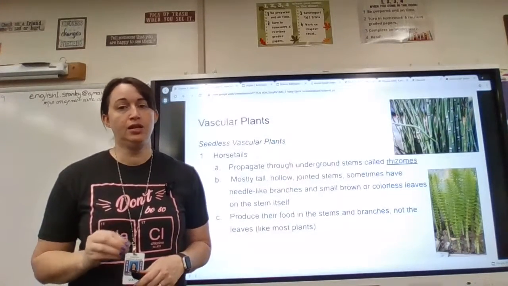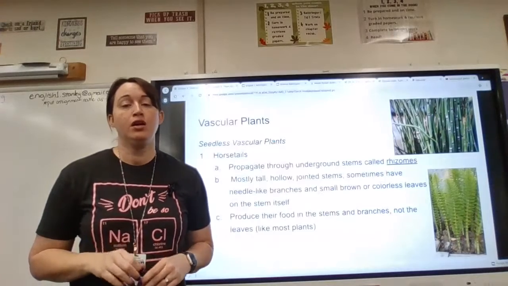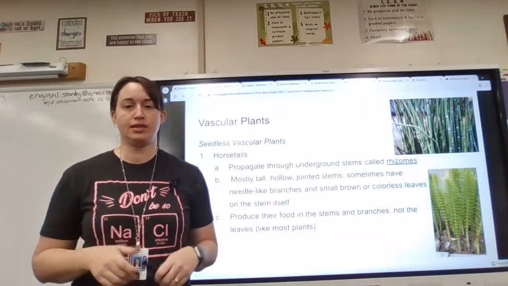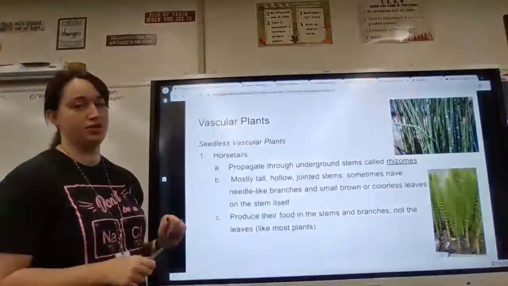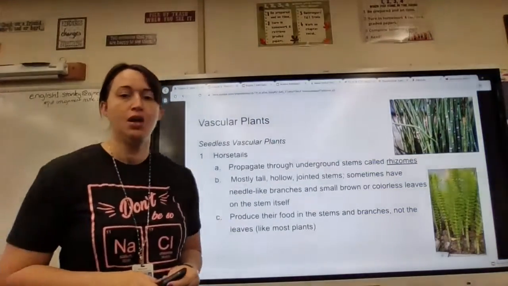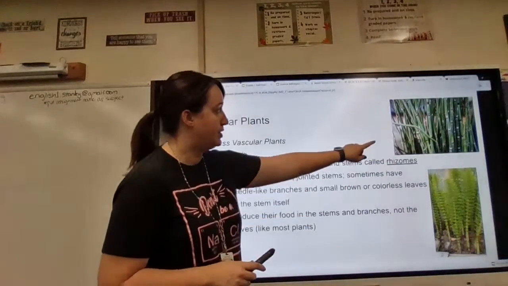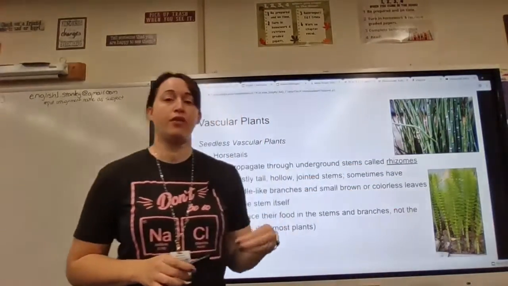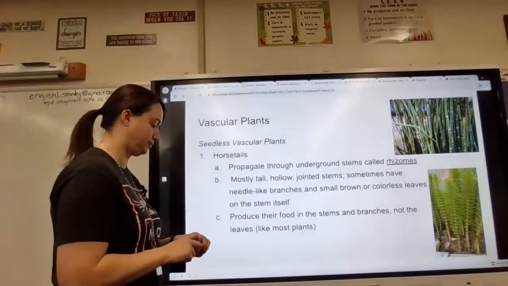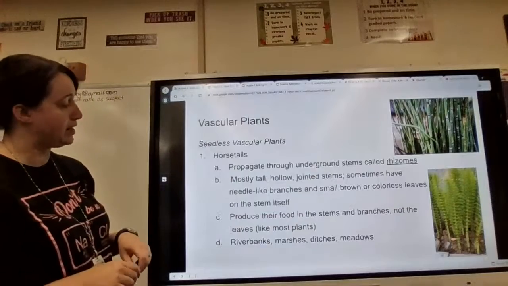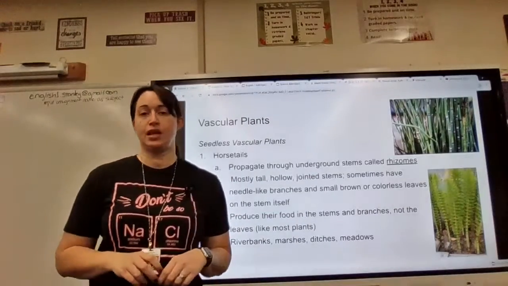That chlorophyll and those chloroplasts are in the leaves, where the vast majority of photosynthesis takes place. Horsetails are not like that. Horsetails produce their food in their stems and branches rather than in their leaves. And you will find horsetails along riverbanks, marshes, ditches, and meadows.